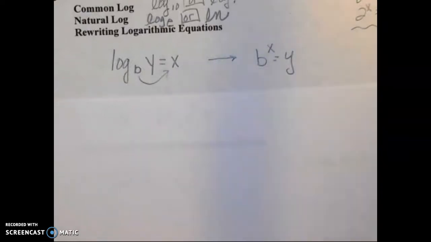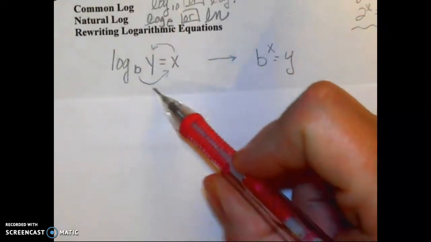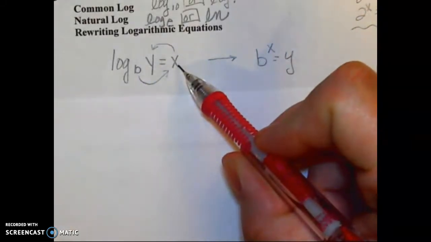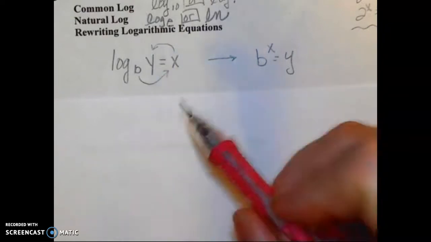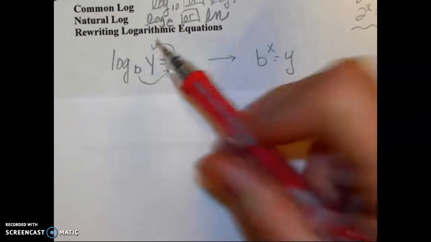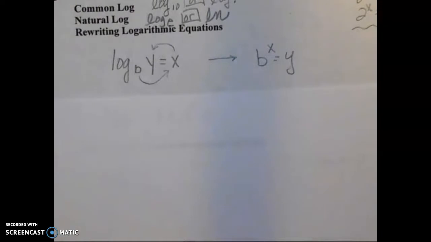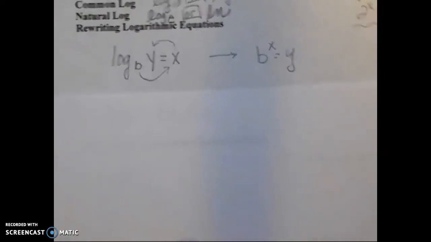You start with the B, go towards the X, and then loop back around to the Y. B to the exponent of X equals Y. You're going to do these arrows a lot, so you should practice it when you're doing your notes. B to the X equals Y. And you guys are taking beautiful notes today, I'm sure, in your organized notebooks.